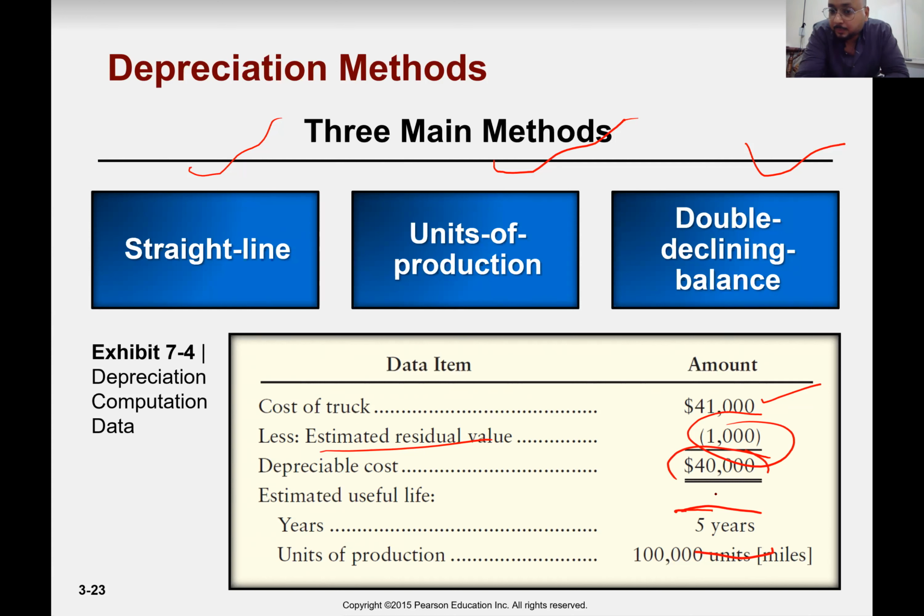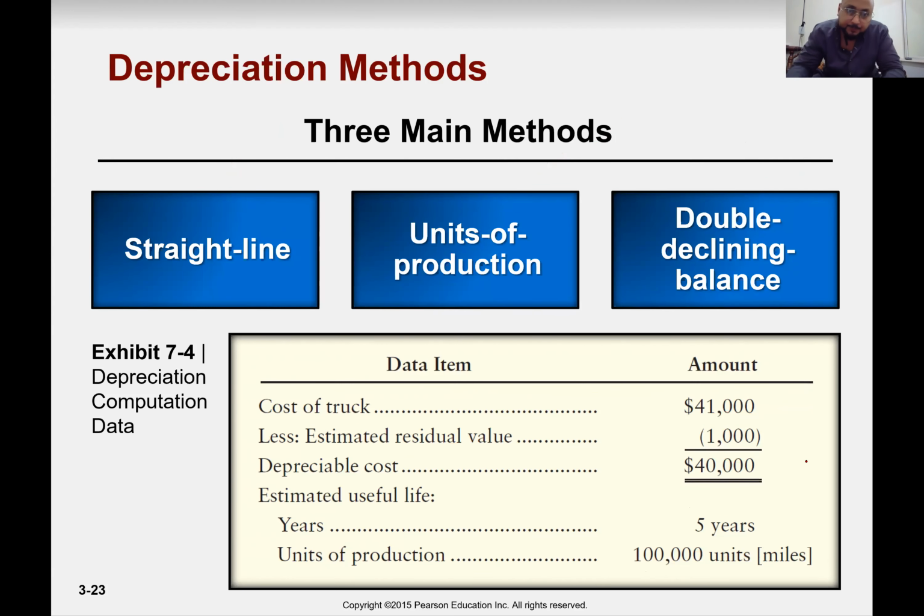So right now its depreciable cost is 40,000. The straight line method says that you divide this cost evenly over the life, evenly over 5 years. So just divide this 40,000 by 5. That would be the depreciation per year for the 5 years.